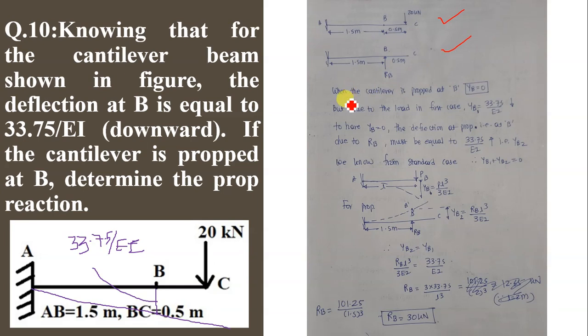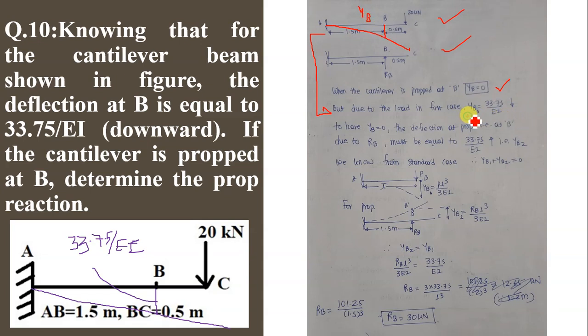So I will read these contents. When the cantilever is propped at B, YB will be equal to 0. But due to the load in the first case, YB is equal to 33.75 upon EI. This is the deflection at B in the downward direction.